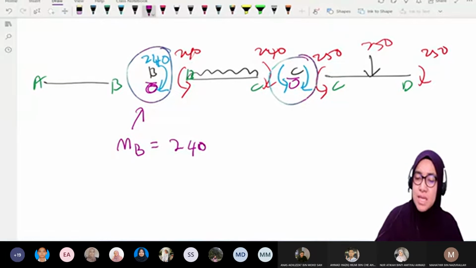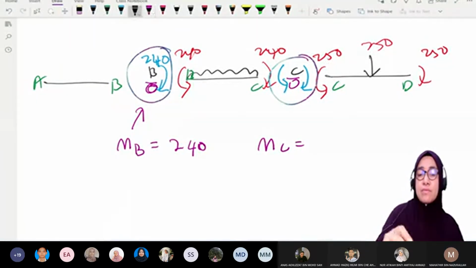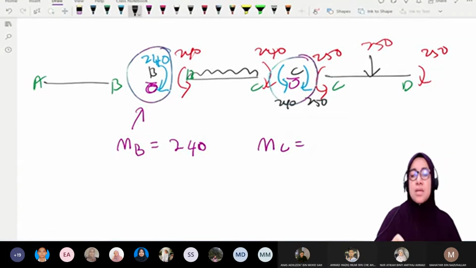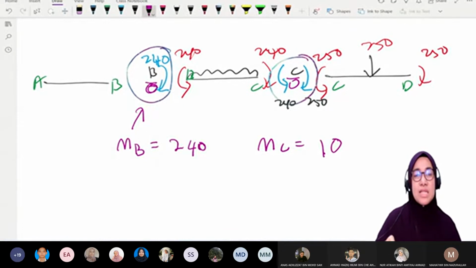Then the joint moment at C, this one is 240 and this one is 250. Negative or positive? Positive 10 kilonewton meter.